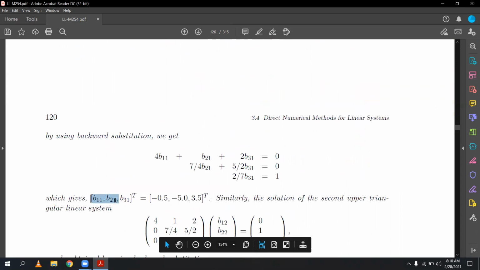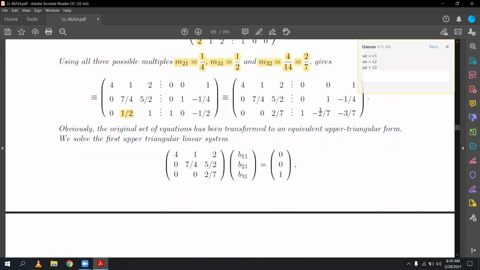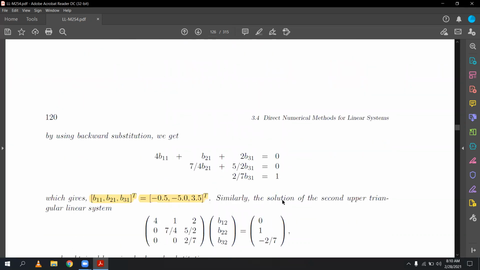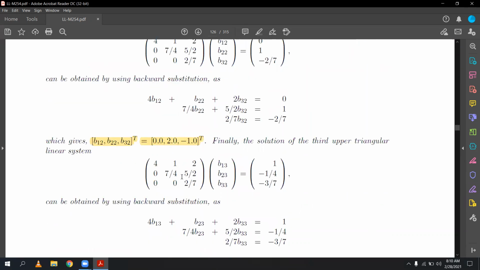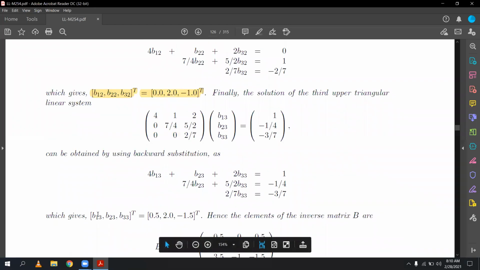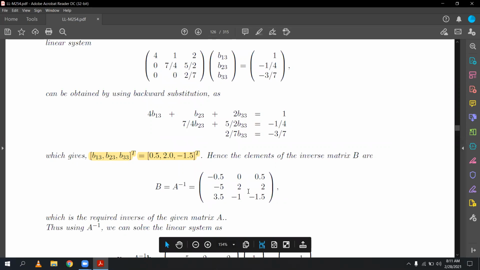Then I repeat again with U and my second right-hand side, 0, 1, minus 2 by 7. And then I have the second column of A inverse. And in the last, we have Ux equal to the third column. When we solve, this is the solution, and this is the third column of A inverse. And that's what you have here.